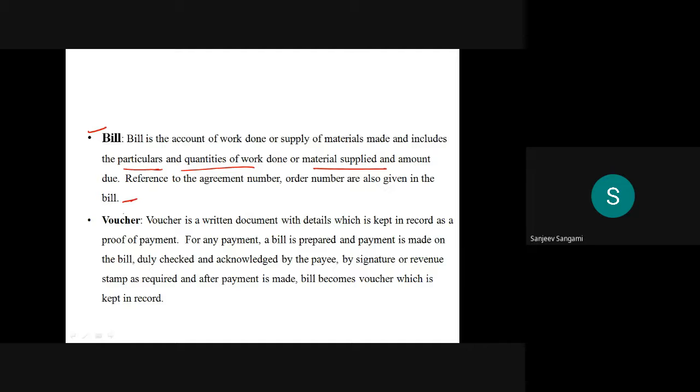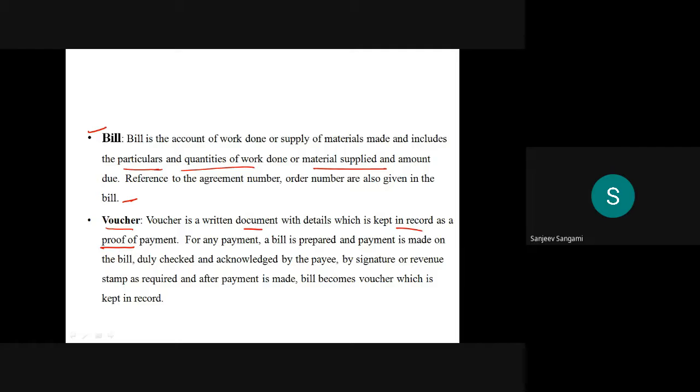The voucher is a written document with the details, which is kept in record as a proof of payment. So once the payment is made, for that proof we have to keep some reference letter. That reference letter we can call the voucher.